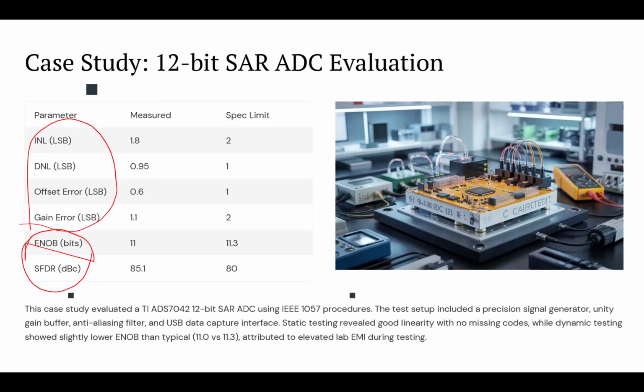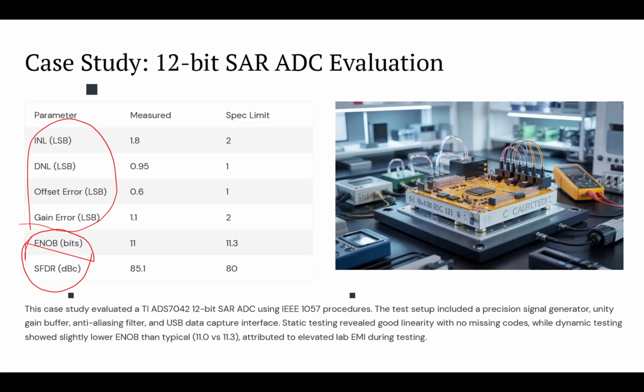For this specific ADC, we test the gain error, which is the slope of the transfer function, how the actual transfer function differs from the ideal transfer function. We calculated that it's 1.1 LSB, meaning it has a slightly higher slope, a value more than 1 regarding the linear one.